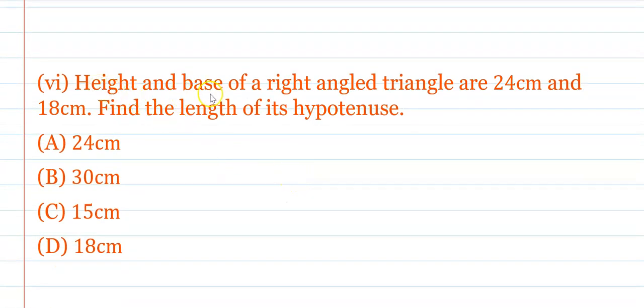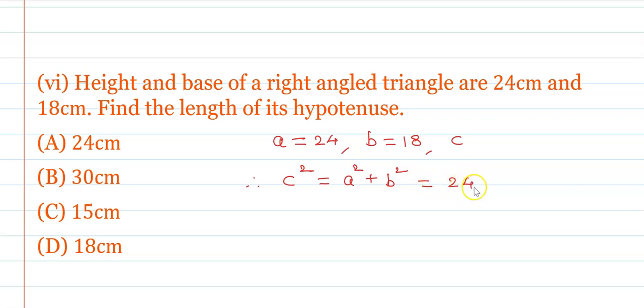Height and base of a right angle triangle are 24 centimeter and 18 centimeter. Then the length of its hypotenuse. Suppose that height is A, I treat A is equal to 24 and base B is equal to 18 and C is the hypotenuse, and therefore C square is equal to A square plus B square. Given triangle is a right angle triangle.